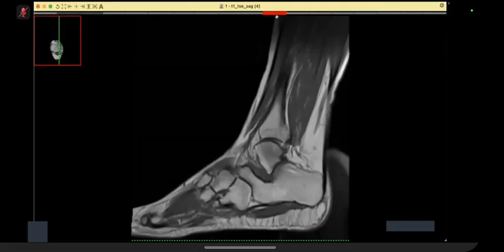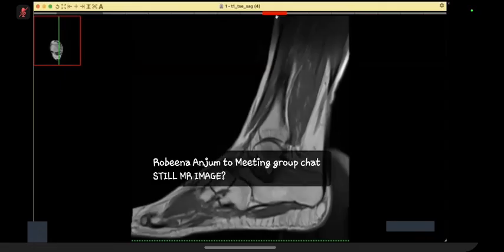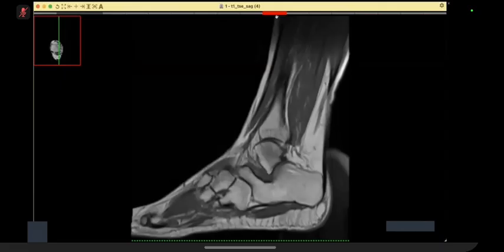For talocalcaneal coalition, the axial view is the best view. Of course, some findings can also be seen in talocalcaneal coalition on the lateral view, particularly if it is a bony type. There are three types of coalition, pathologically speaking: bony, cartilaginous, and fibrous.